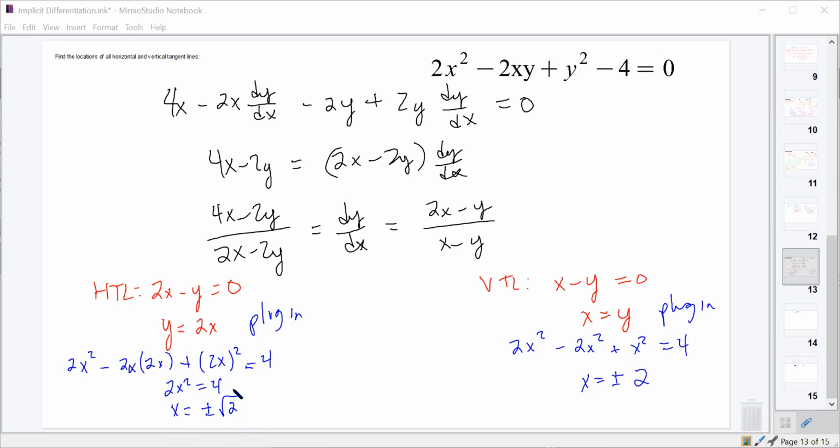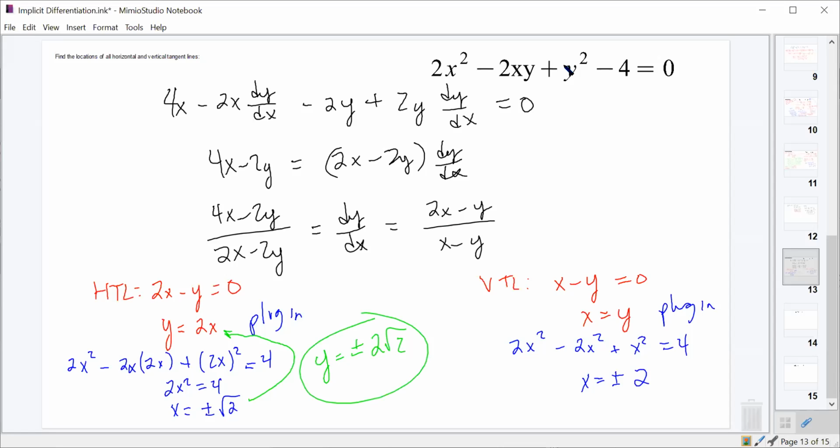Could we plug them into the vertical tangent and horizontal tangent line equations? We could plug them in right here. We could also plug them in back up here. But if we plug them back up in here, that's going to be a more complicated equation to solve. But this one should also be true. So we should get y equals plus or minus 2 root 2 as the actual equations.